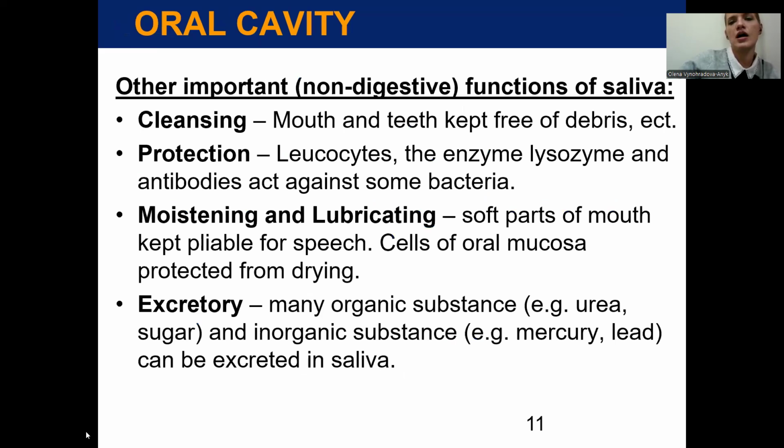Next, non-digestive functions of saliva. This is cleansing, protection, because there we also have leukocytes, the enzyme lysozyme, and antibodies that act against some bacteria.